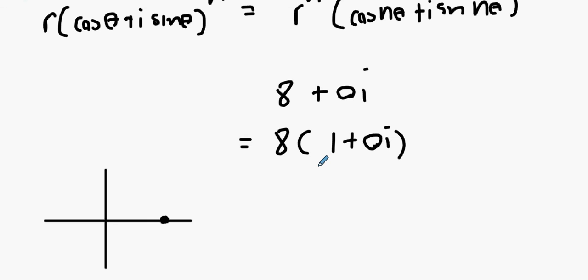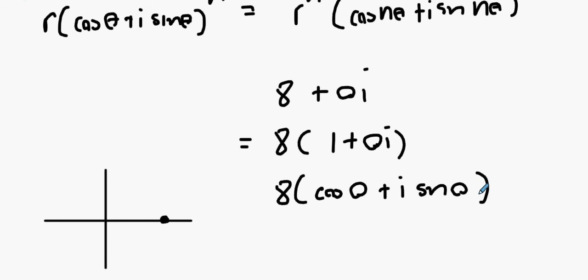0. 0 would make it work. So you could say it's 8 cos 0 plus i sine 0. Anybody care to tell me what might be a fault in that one? It's always going to be 0, isn't it? Does that make sense?